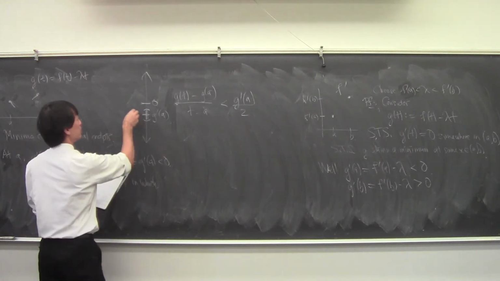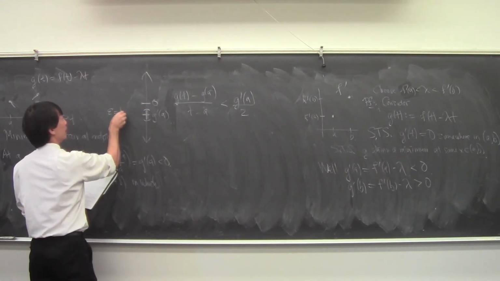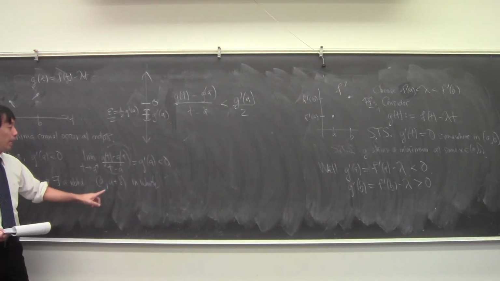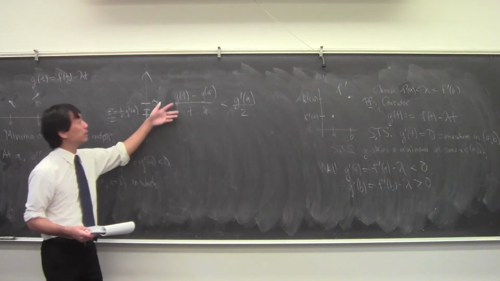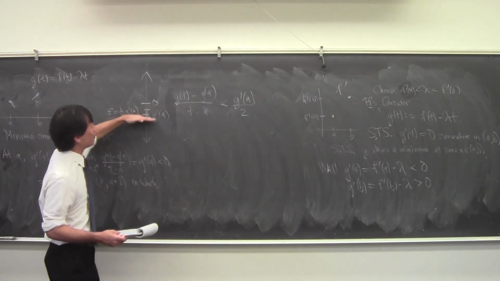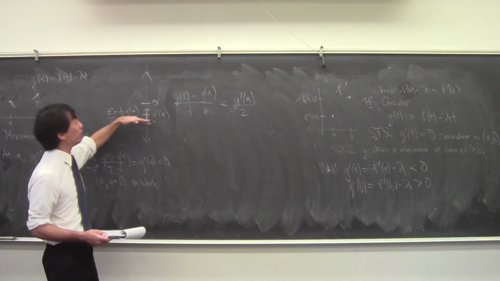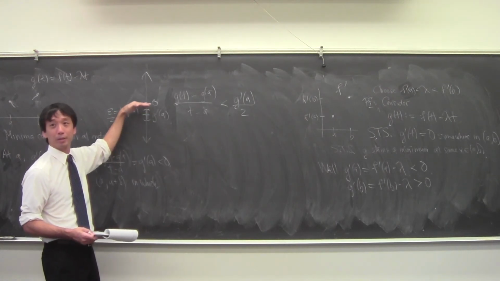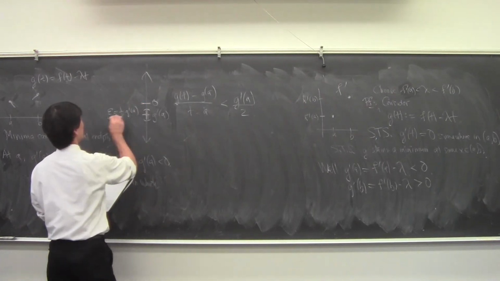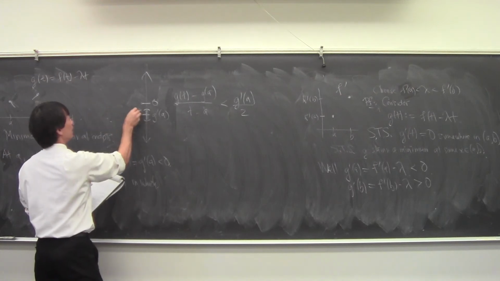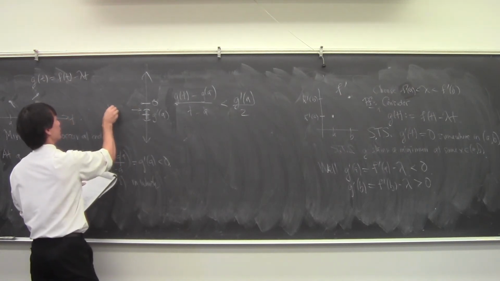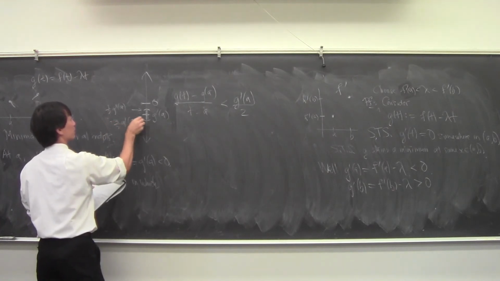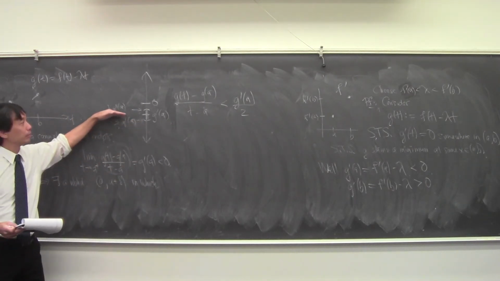So I take epsilon to be 1/2 g prime of a. The upper bound is 1/2 g prime of a, and the lower bound is 3/2 g prime of a.